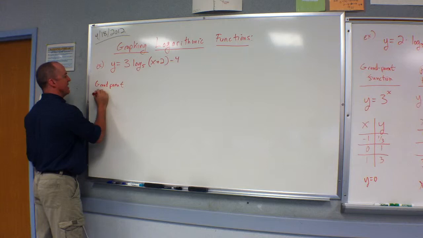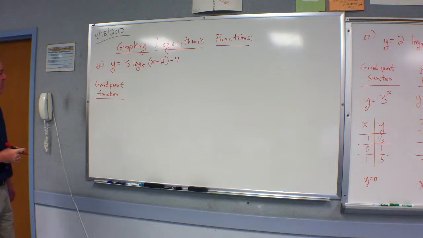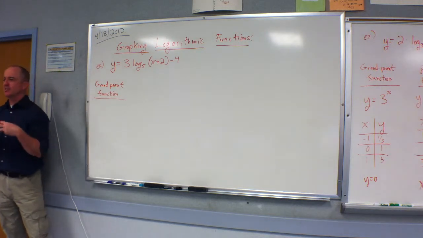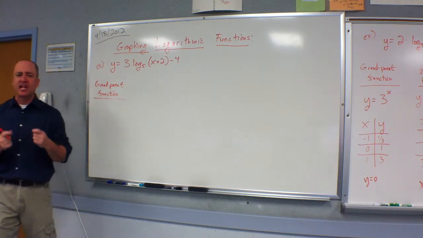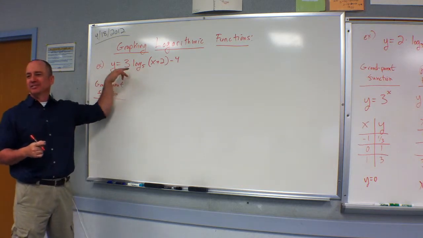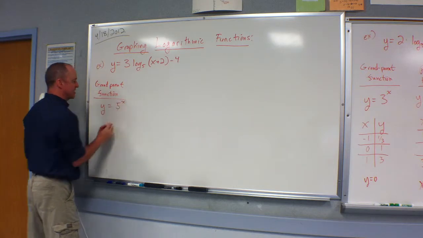We're going all the way back to the exponential function that originally spawned this horrible thing. Grandparent function, simplest exponential function with the same base. What would that be? Base is 5. Coefficient is 3. Okay, good. Y equals 5 to the x.